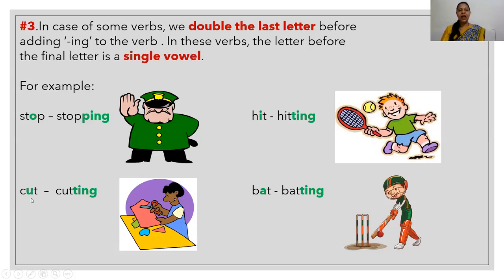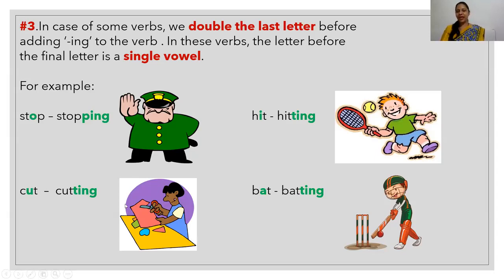Cut. Now, in the verb cut, the final letter T has a single vowel U. Only one vowel is there. So, what are we going to do? Correct. We are going to double the final letter and add ing. So, CUTTING will be the ing form of verb cut.